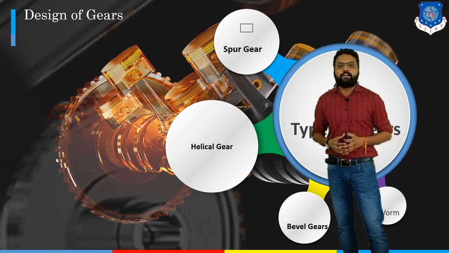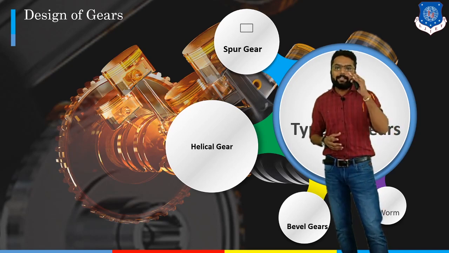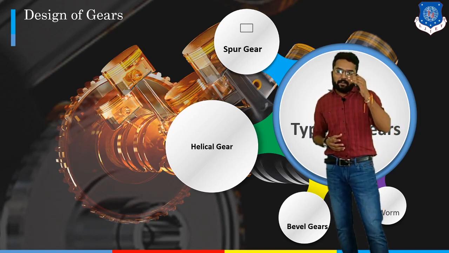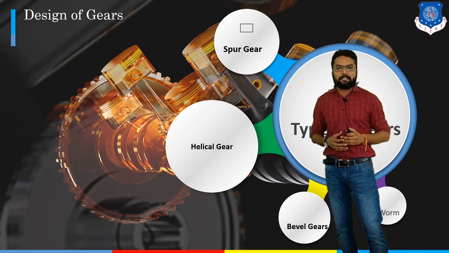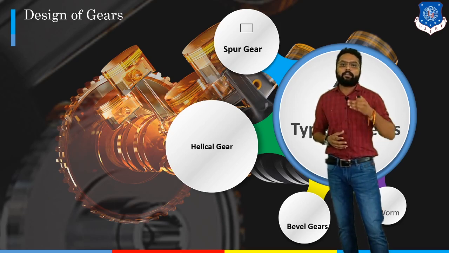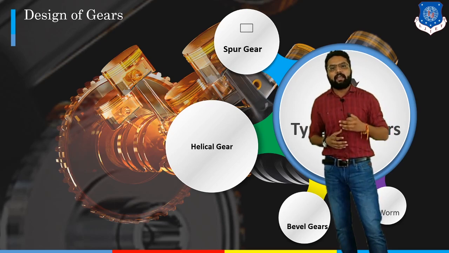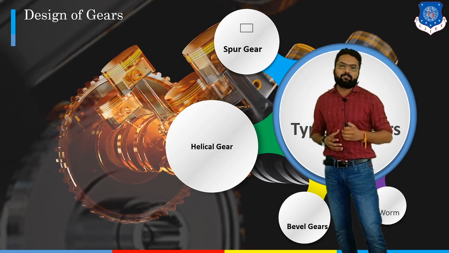After selecting the material of the gear, we are going to design each and every geometrical aspect of our gears. In this case, the procedure will be the same for all four gears, but the geometrical considerations will be different for spur gear, helical gear, and bevel gear. Spur gear is going to have straight teeth.